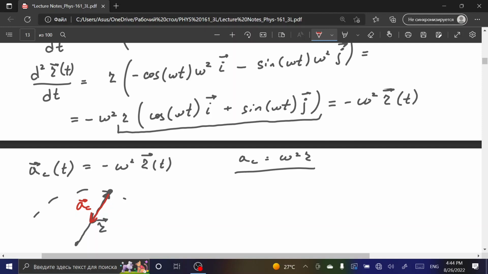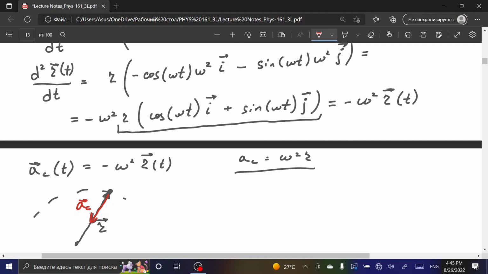With the help of angular velocity, we could represent the time dependence of radius vector for uniform circular motion, and by taking two derivatives of this time dependent position vector, we could get the final equation for centripetal acceleration, which gives us the magnitude and orientation in an analytical way.